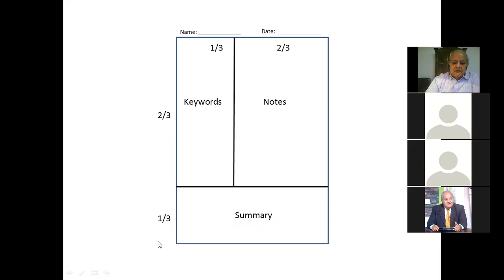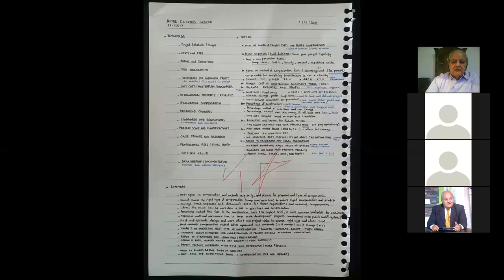The bottom 1/3, you write a summary of what you have learned during that session. I will show you a perfect example of one of my students that was done during the lecture.